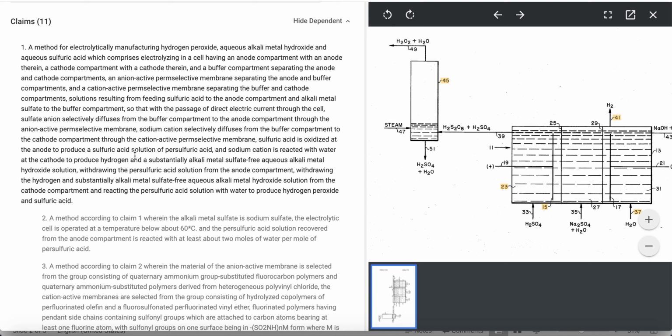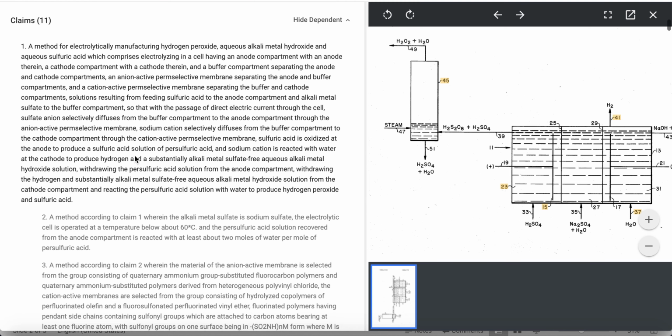Persulfuric acid and sodium cation is reacted with water at the cathode to produce hydrogen and a substantially alkali metal sulfate-free aqueous alkali metal hydroxide solution, withdrawing the persulfuric acid solution from the anode compartment, withdrawing the hydrogen and substantially alkali metal sulfate-free aqueous alkali metal hydroxide solution from the cathode compartment, reacting the persulfuric acid solution with water to produce hydrogen peroxide and sulfuric acid.